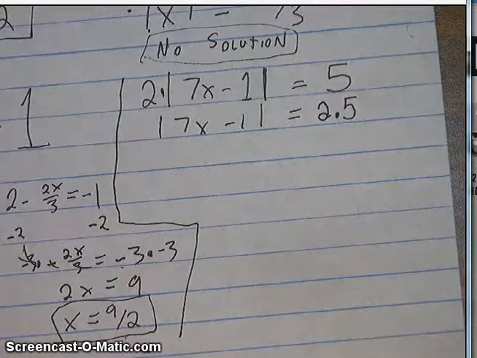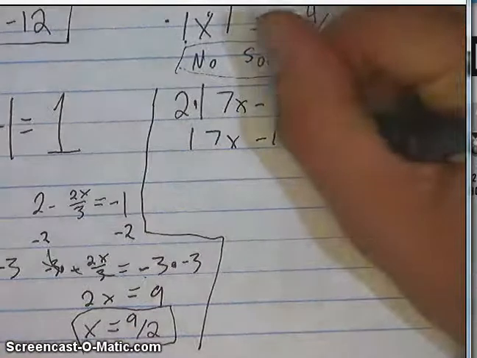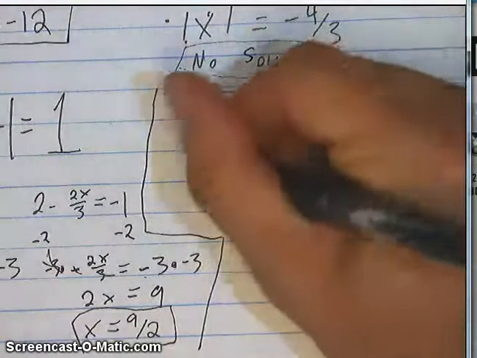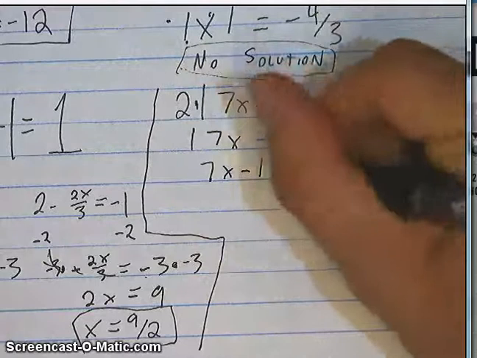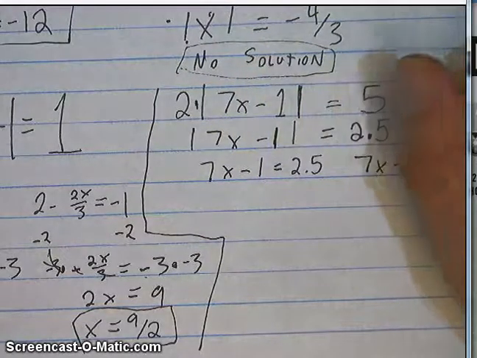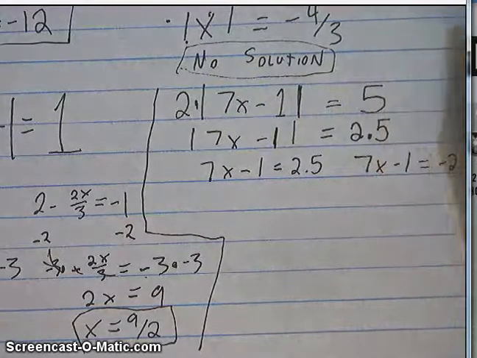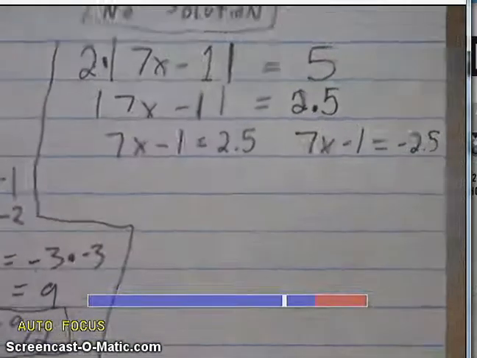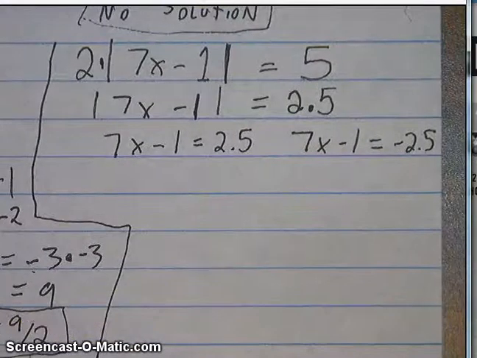And at this point, there's nothing left on the outside of those bars, so I can go ahead and split it into two equations. Those two equations: 7x minus 1 equals 2.5, and the negative one, 7x minus 1 equals negative 2.5. And from here, it's pretty simple algebra.